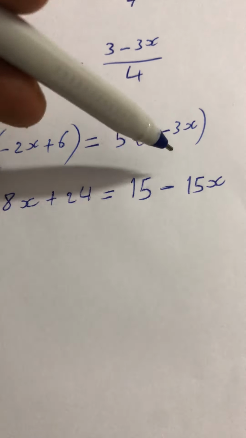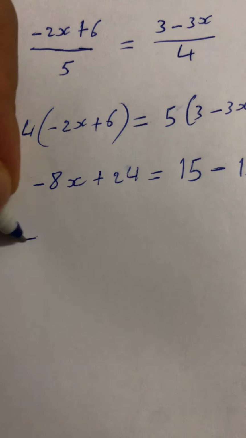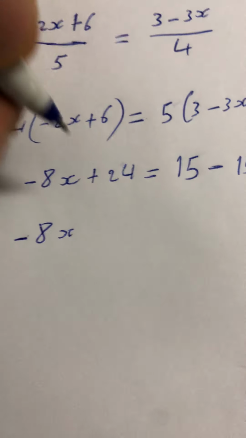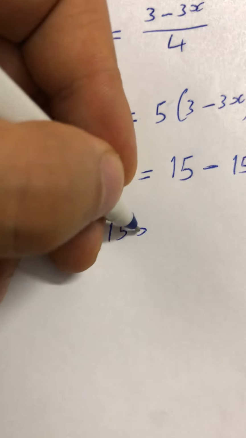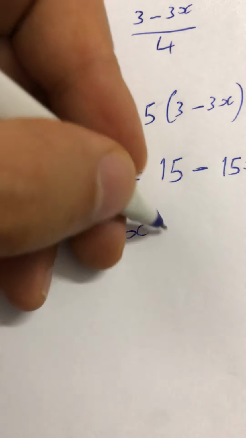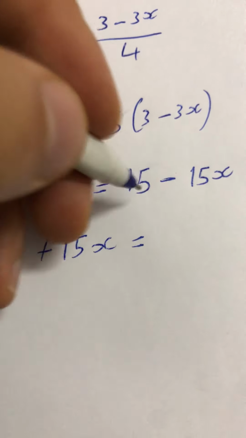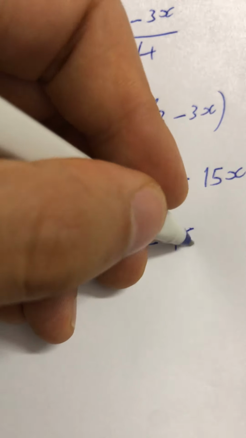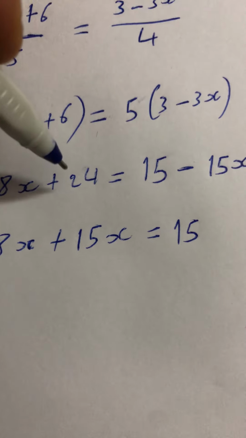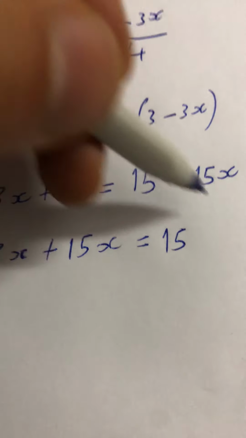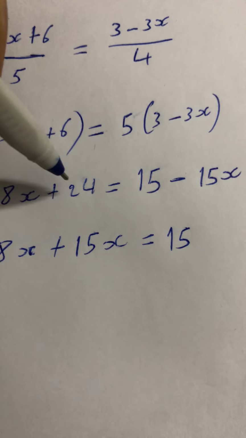Okay, so minus 15x will be plus 15x, minus 8x plus 15x. I write my equal here, equals 15; I keep the place of 15, no change. And this 24, we have plus here. I will change the place of 24, it will be on the right here, but change the sign, it will be minus 24.